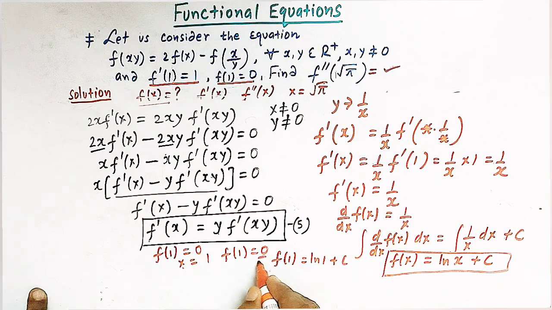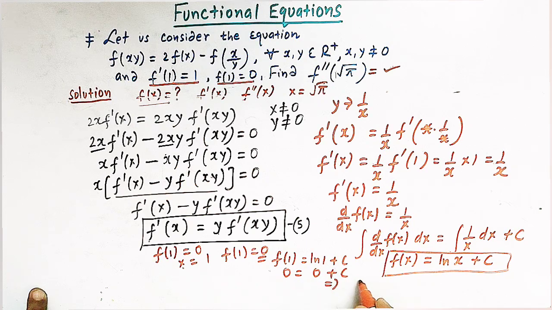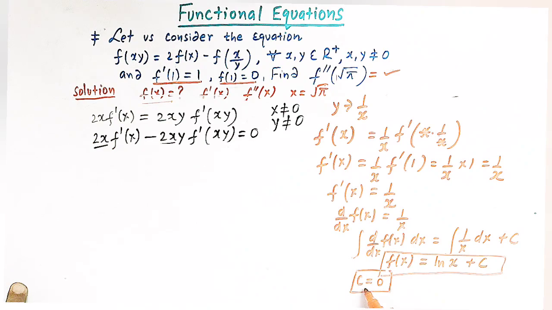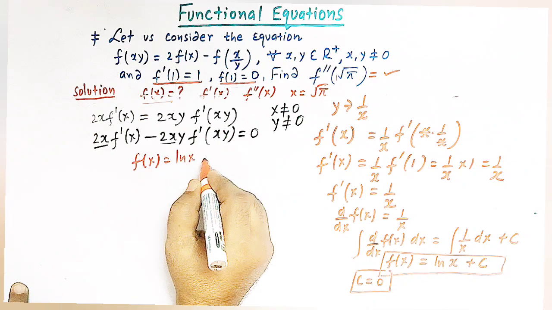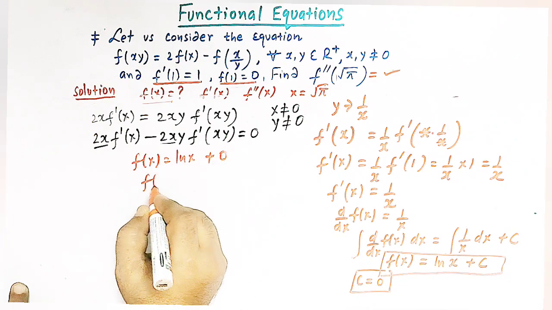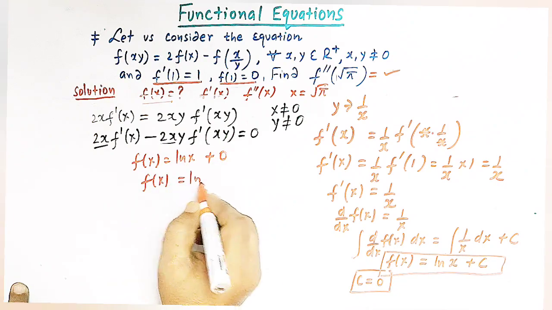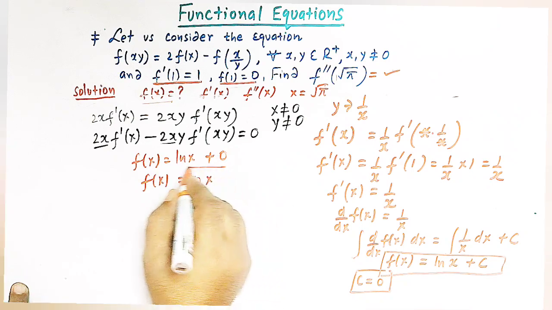Now f of 1 is 0 and log of 1 is also 0, and here we have c. So this implies that the constant of integration, that is c, is equal to 0. So now taking c is equal to 0 over here, we have f of x is equal to log of x plus 0. So we have f of x is equal to log of x, right?